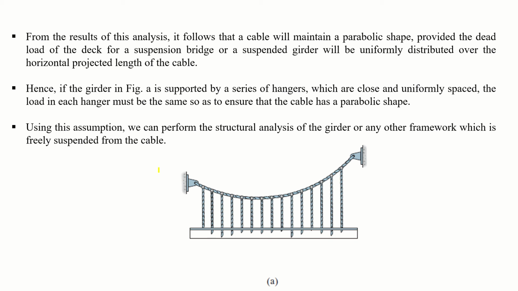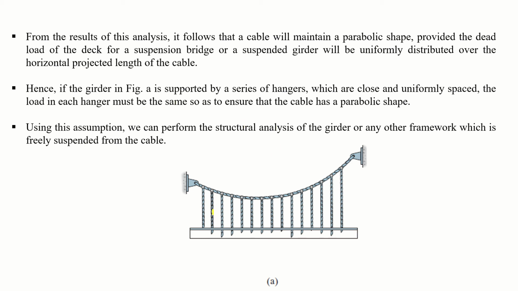Hence, if the girder in figure A is supported by a series of hangers, you see this is a girder connected to a number of hangers, and the hangers are then connected to this cable. These hangers are close and uniformly spaced. The load in each hanger must be the same so as to ensure that the cable has a parabolic shape.